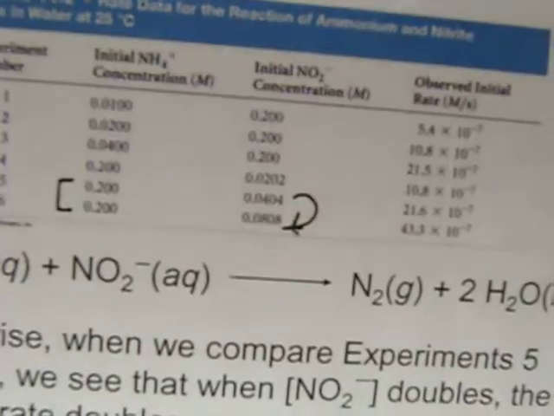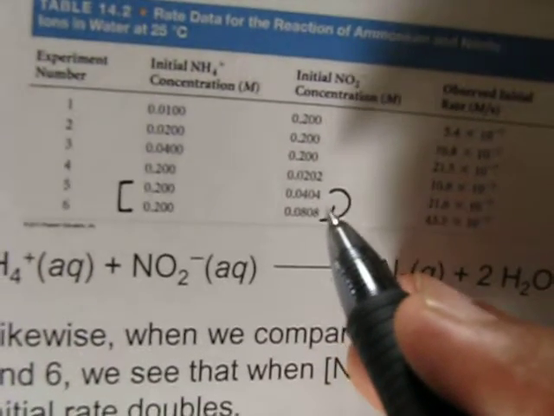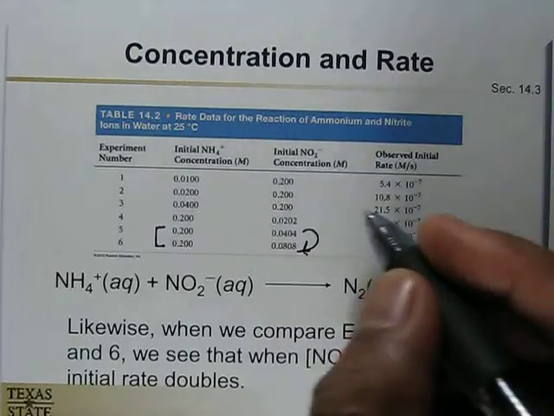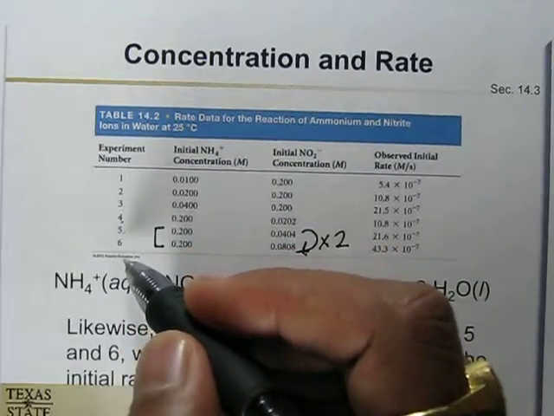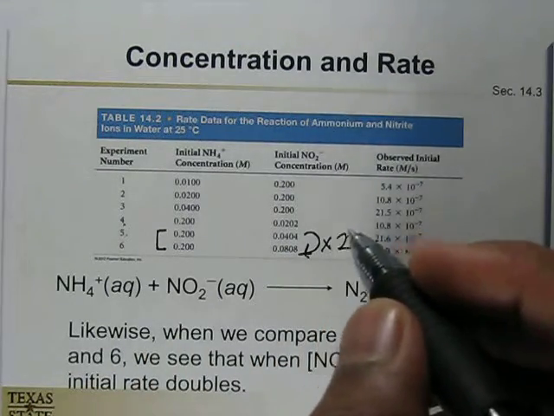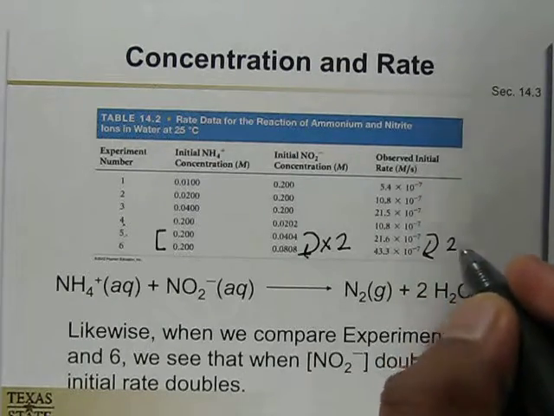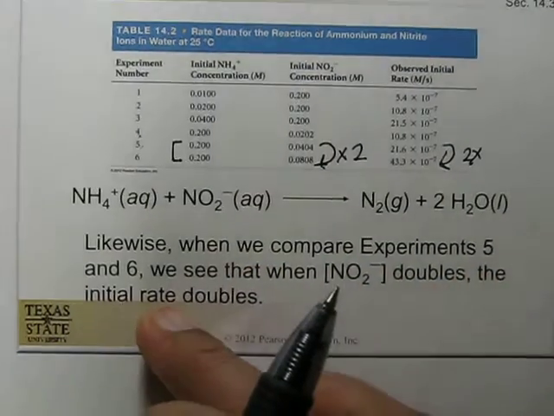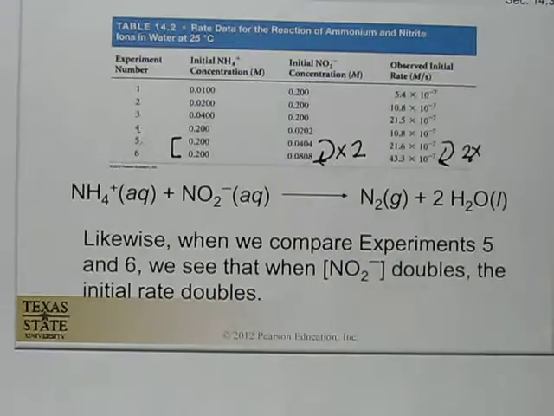Here you can see this is 0.404 and this is 0.0808. In both cases, once you increase the concentration of nitrate ion, the reaction rate also increases 2 times, right? So likewise, when we compare experiment number 5 and 6, we see that when nitrate ion doubles, the initial rate doubles.